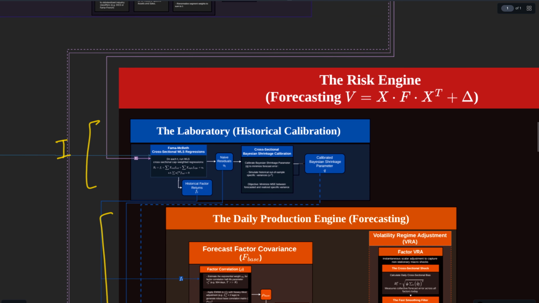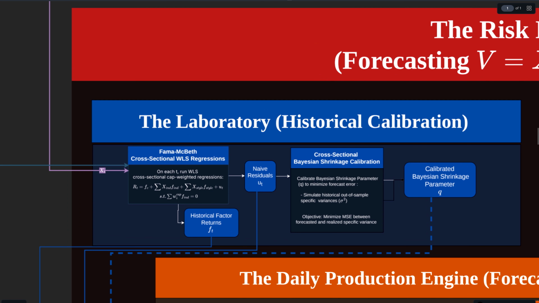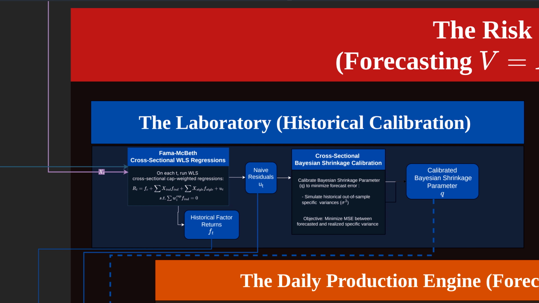So let's start up here with the laboratory phase. This is where we process large amounts of historical data offline to calibrate the structural inputs for the live system downstream. So we have the factor exposure matrix X coming from the factor engineering engine at the top.